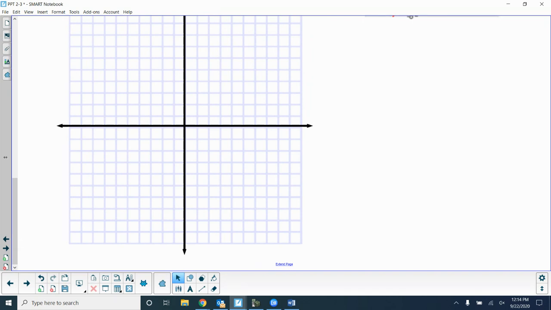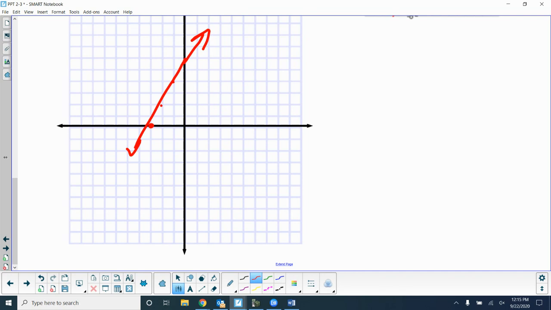Okay, so for 22, slope of 2 passes through negative 3, 0. So negative 3, 0 is our x-intercept, and a slope of 2 means go up 2 and over 1. So that's what number 22 should look like.